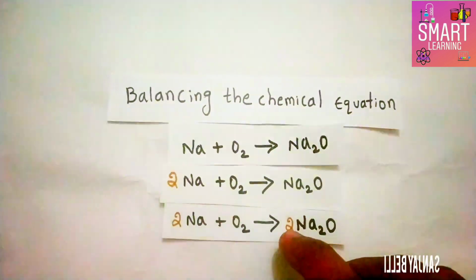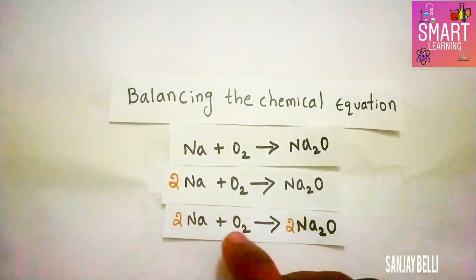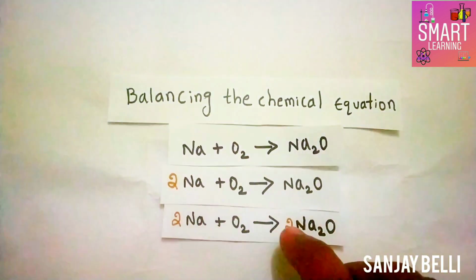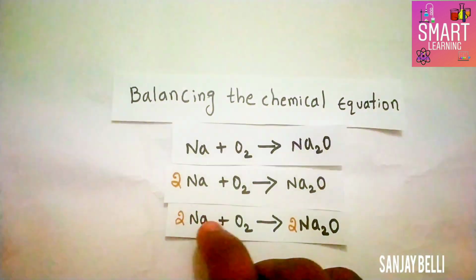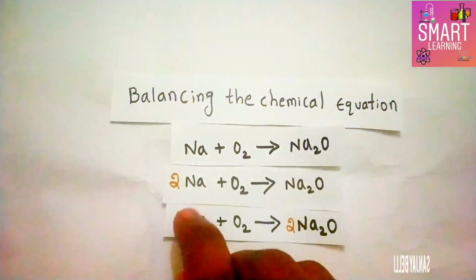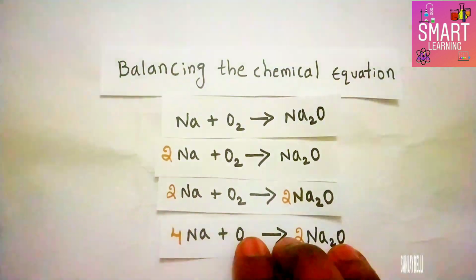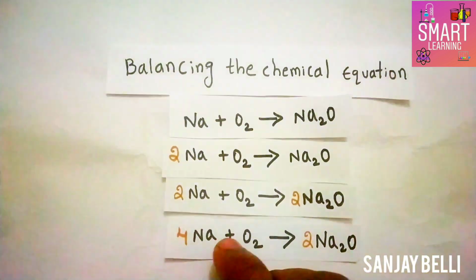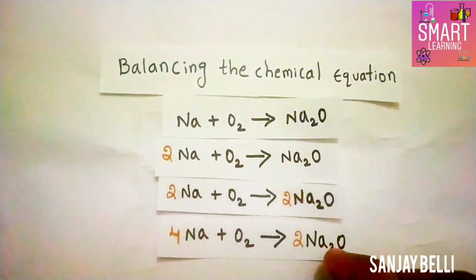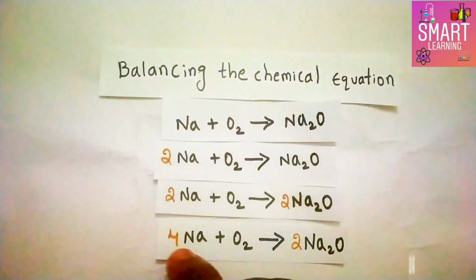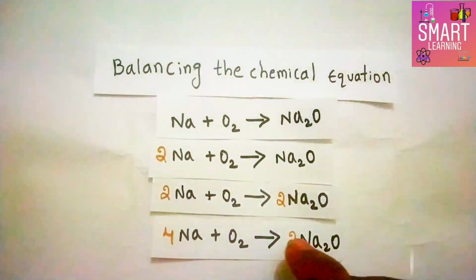That means now 2 ones are 2 oxygens, here also 2 oxygens. But for sodium, 2 twos are 4 on the product side. You have only 2 sodium, so here we should get 4. Now you can see 4Na plus O2 gives rise to 2Na2O. So 4 ones are 4, that means 4 sodiums on the reactant side, 2 twos are 4.